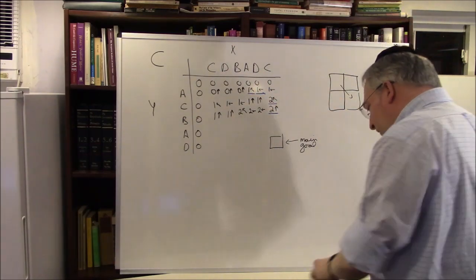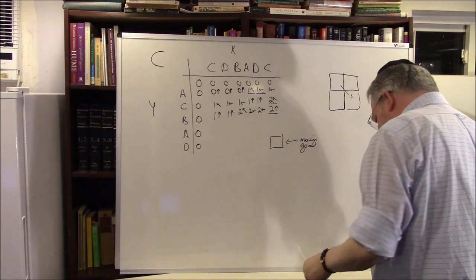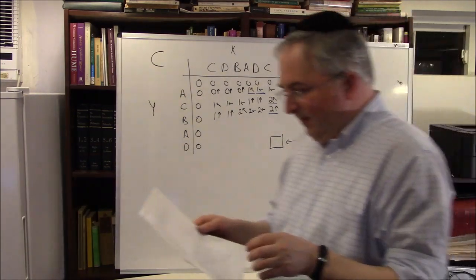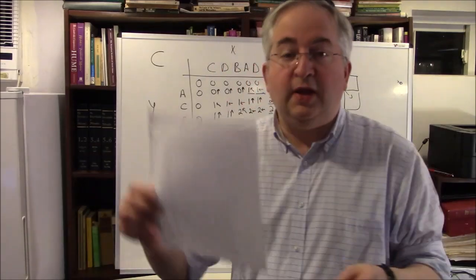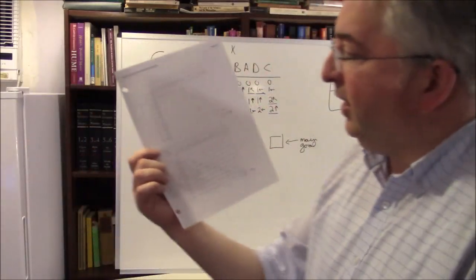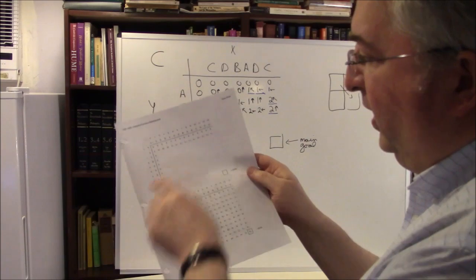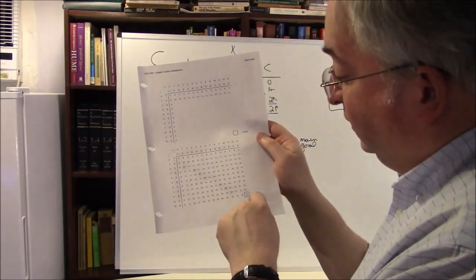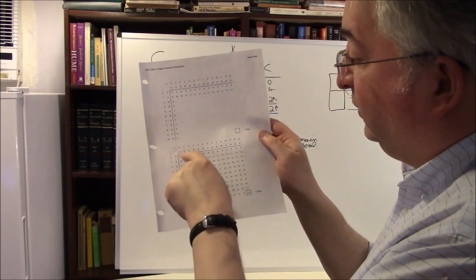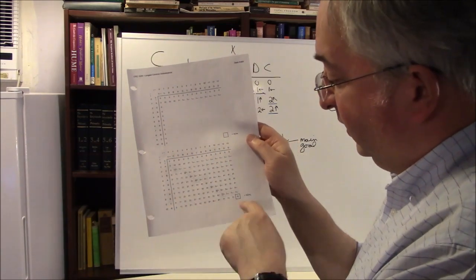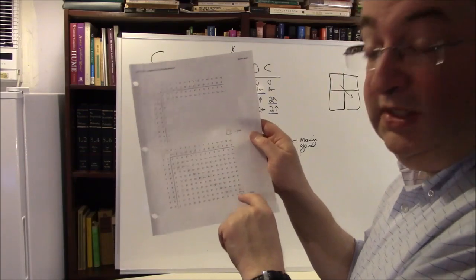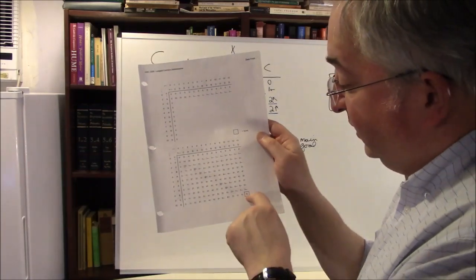Now you don't have to believe me on this because someone from last semester did this as a program. They wrote out the program and they did it, and this is in your packet, and you can see the way it's highlighted. So here's a long sequence like this, and here's a long sequence like this, and the end result is the longest common subsequence is 7, and you can see the 7 as follows.